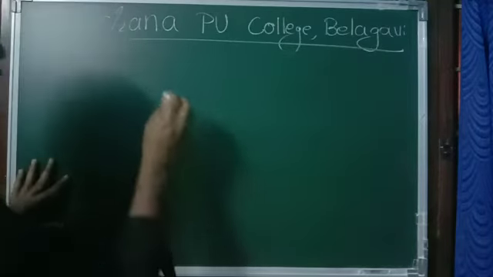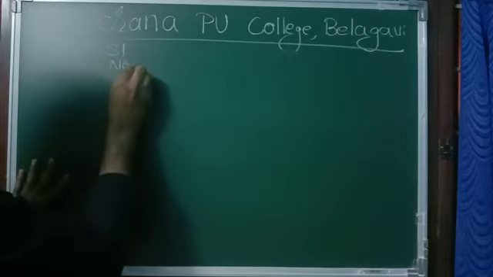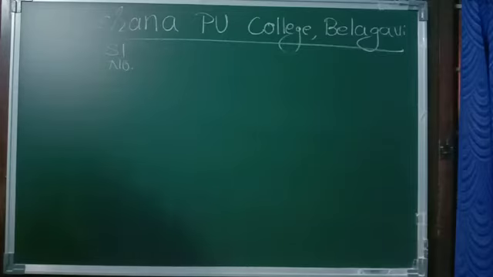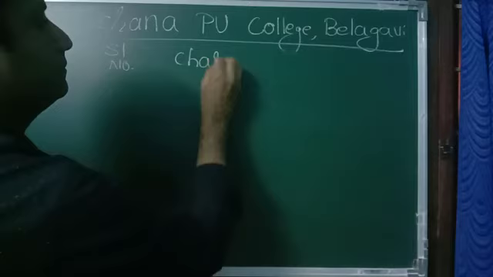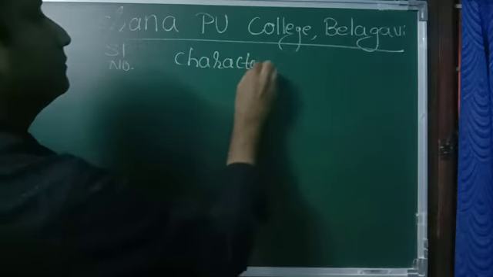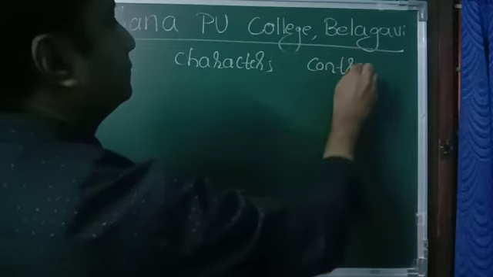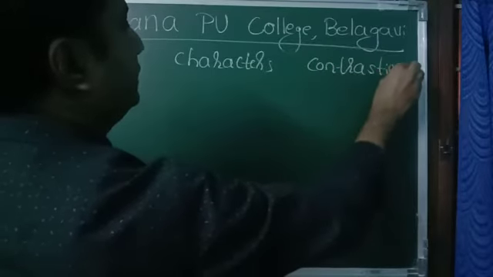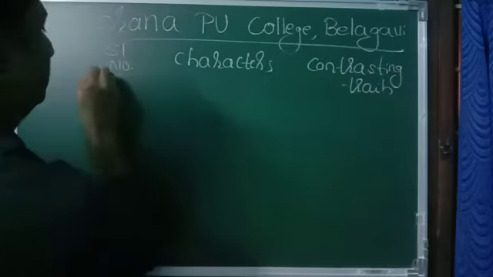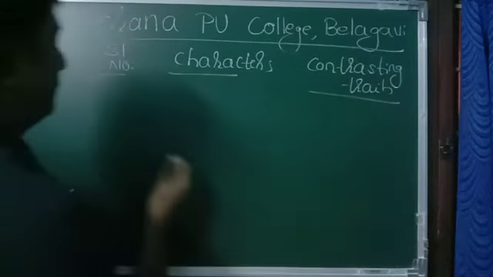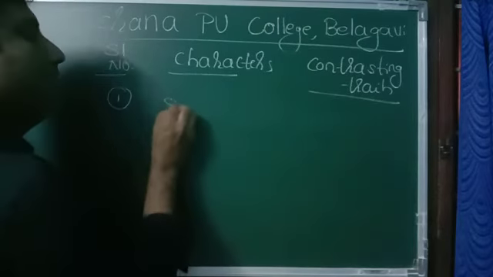So what I'll do, I'll make 3 columns: serial number, characters, and contrasting traits. First one, stem height.